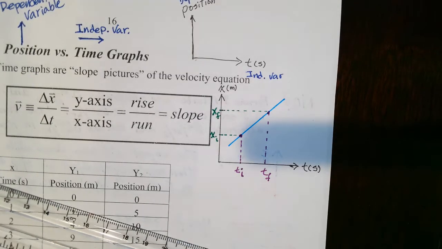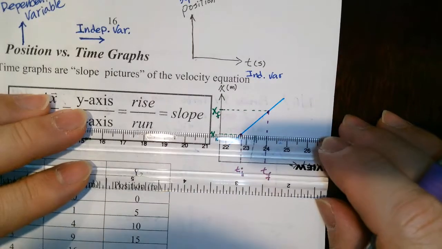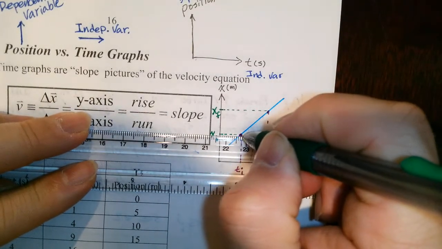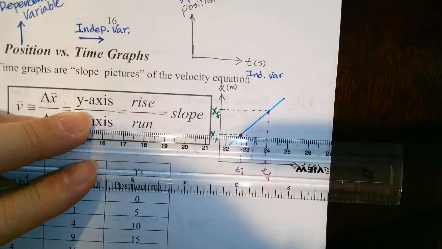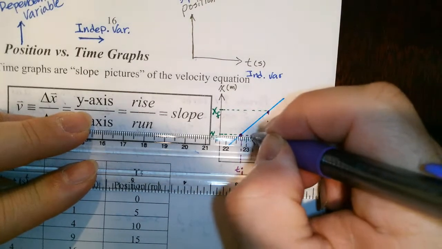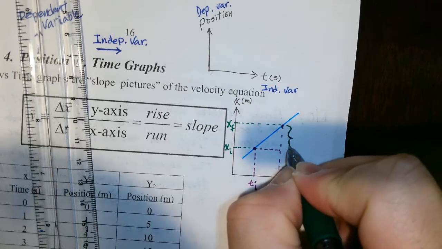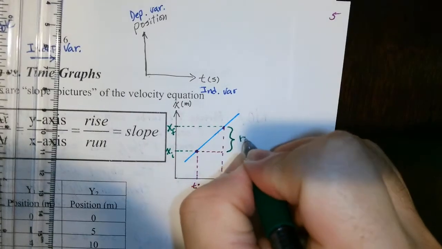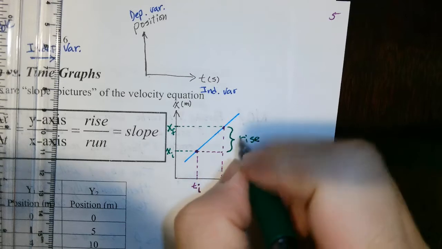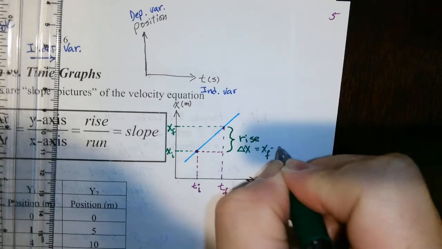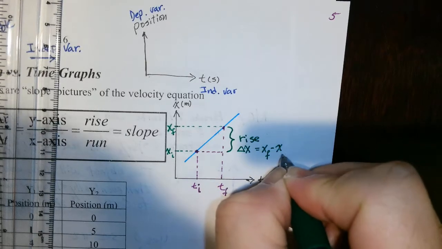The slope of this difference right here, this here is the rise, which is delta x, and that is the x final minus the x initial.